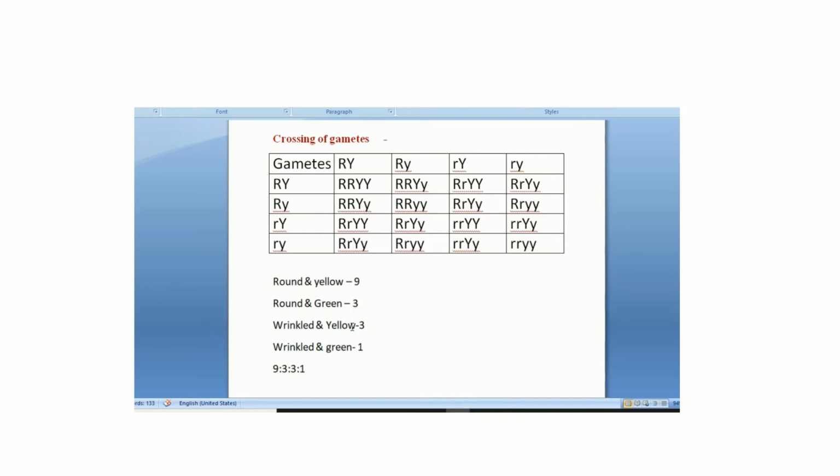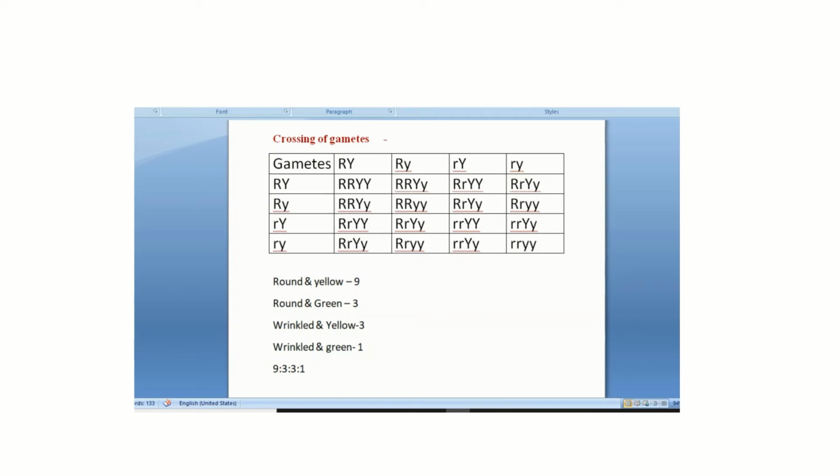Now wrinkled and yellow. First line we don't have any wrinkled, second line no wrinkled, third line we have wrinkled. So wrinkled and yellow, number 1, then in the third line wrinkled and yellow, 2 and 3. So 1, 2, 3 we got wrinkled and yellow 3. Last we have wrinkled and green 1.